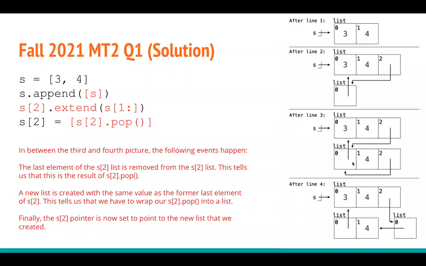Would it be valid if we did square bracket s index 2 and another index, like a slice to 2? Oh, so S2 and then take the first two elements of it. Sorry, can you repeat that one more time?